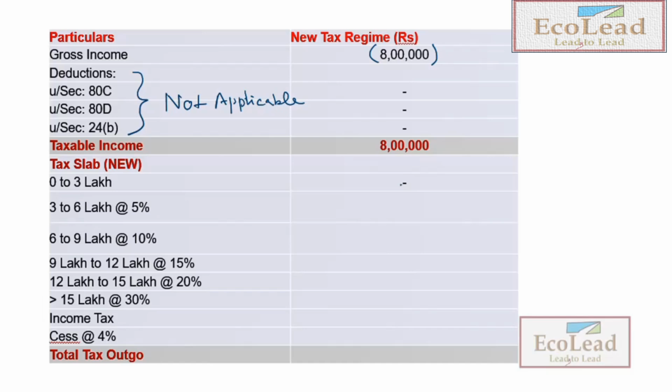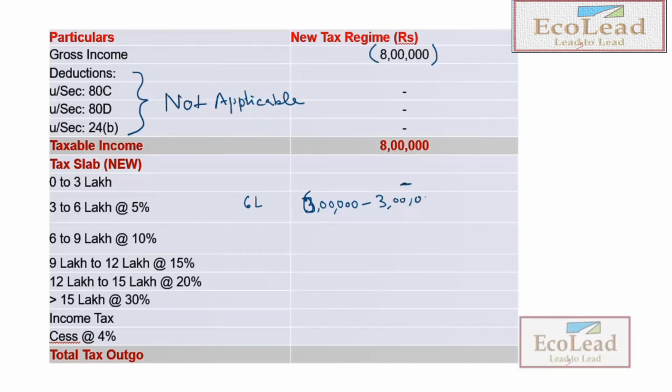We know up to 3 lakh there is no tax, but from 3 to 6 lakh we need to pay 5% of the income as tax. The maximum limit is 6 lakh, so we will deduct 3 lakh from the 6 lakh.